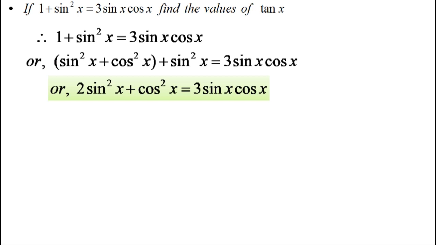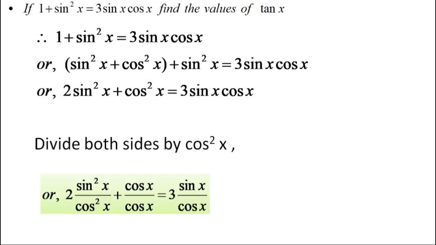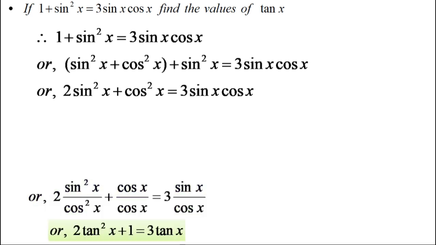Now divide both sides by cos square x. Then we get 2 sin square x by cos square x plus cos square x by cos square x equals 3 sin x by cos x, or 2 tan square x plus 1 equals 3 tan x.